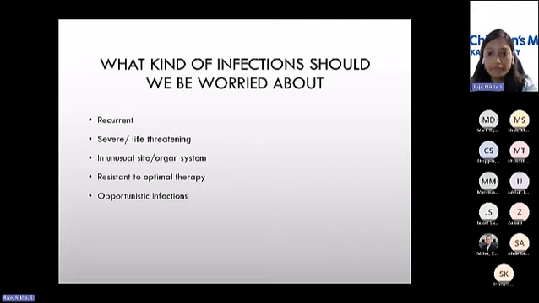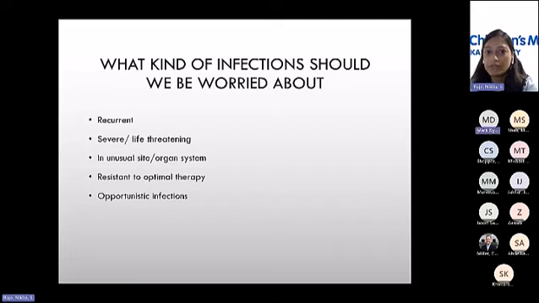What kind of infection should we be worried about? So yes, recurrent infections can be an issue, but recurrent is a very subjective word. It can be 4 sinus infections or 2 pneumonias, or it just depends on what infection we are talking about. Keep in mind some of the features of these infections when we should be worried. That includes a severe life-threatening infection, such as say a rhinoenterovirus leading to sepsis.